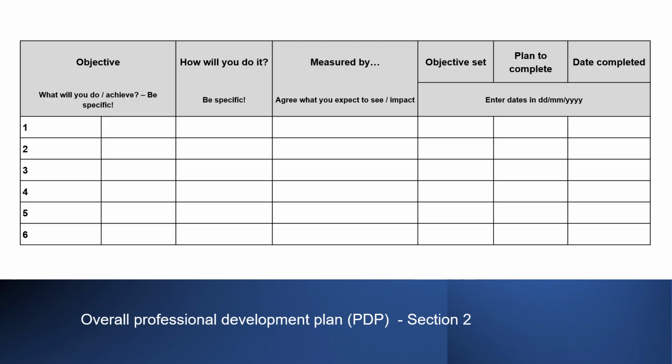In Section 2, transfer any objectives set during observation as part of best practice and recorded in Section 8 of the Session Observation Form. You may set other development objectives for the revalidation period. Think about how they'll be measured and expected to be completed.